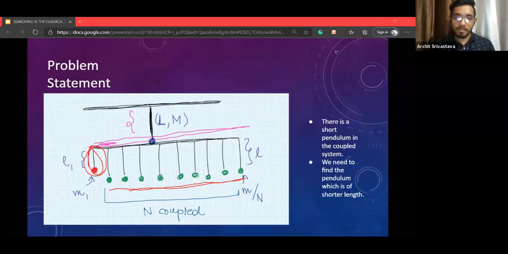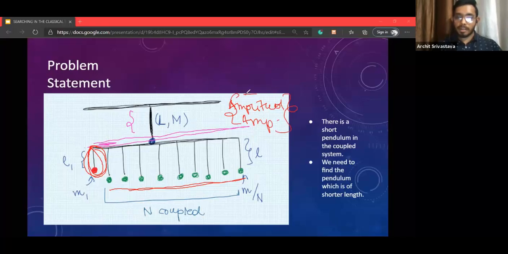It is a pendulum in itself that we are trying to get a hold of. So we take the help of a phenomenon named amplitude amplification, and this is one of the key principles of Grover's search algorithm.